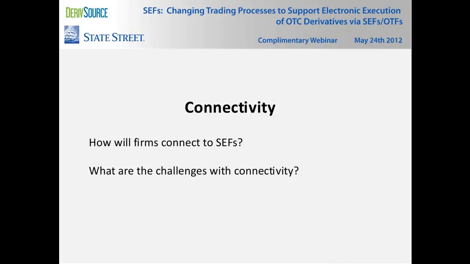Yeah, just from a technical perspective, it will work. You have a technology aspect, you've got a compliance legal aspect. At a legal compliance aspect, it'll work a bit like futures in the sense that you'll deal through an executing broker. You won't have to become a member of the SEF yourself, which will make it a lot easier.